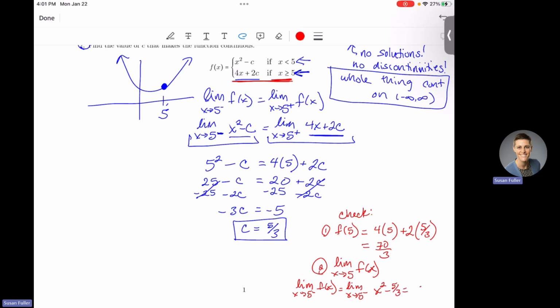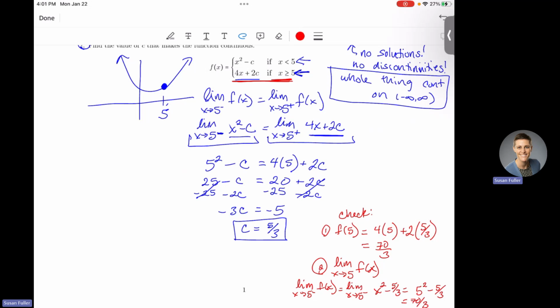That limit is going to be 5 squared minus 5/3. And again, when I put that into my calculator, I get 70/3. That's the limit as x approaches 5 from the left.